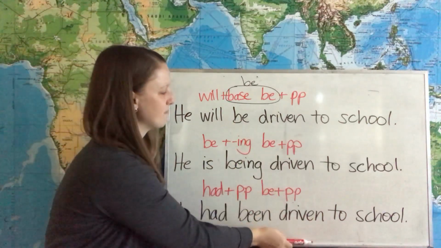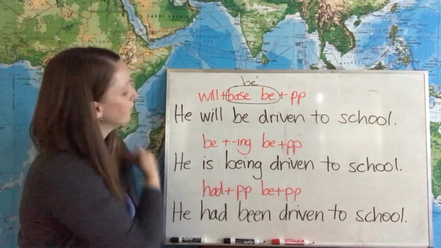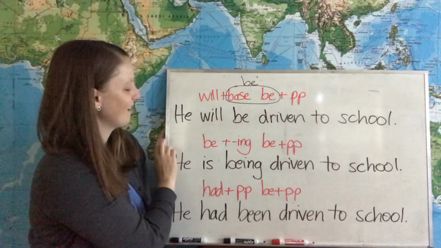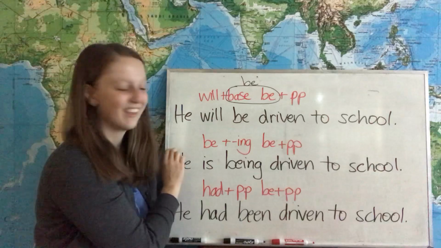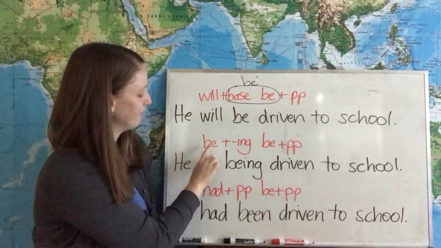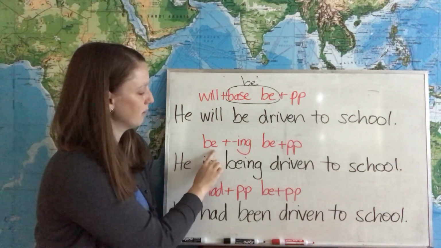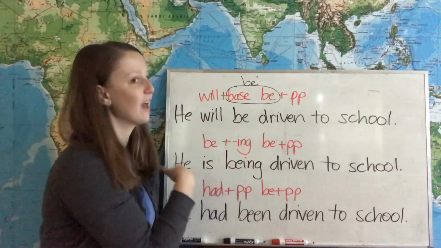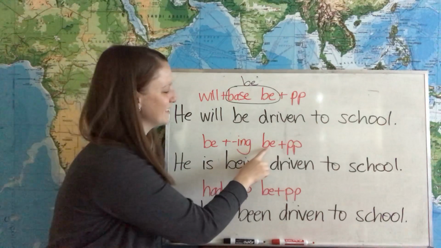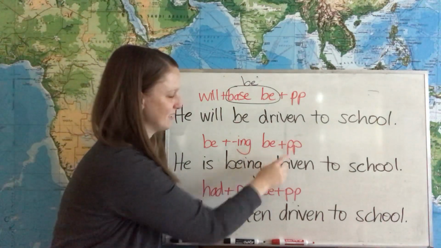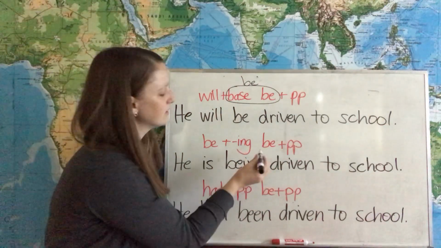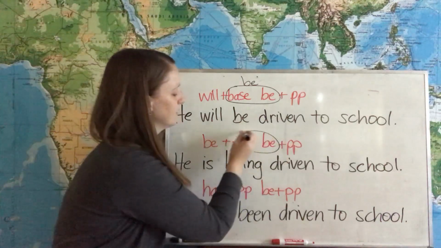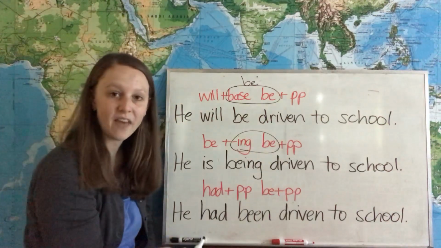Now our next example is for present progressive. For present progressive, we use be verb with ing verb. And of course, for passive, we always use be verb and past participle. So again, we'll take these two parts in the middle and put them together.